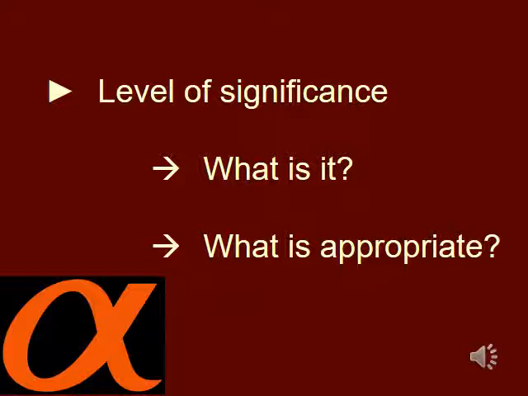And the level of significance is basically how willing you are to be wrong when you do a hypothesis test. Literally, it is how willing you are to say that something's significant when really it did just happen by chance.